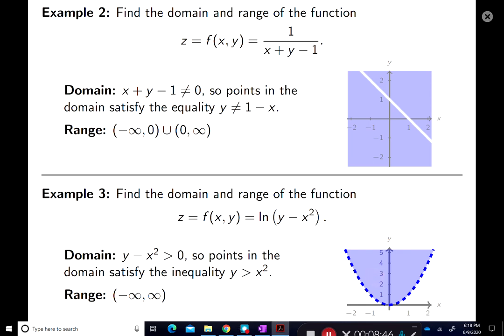So this is the domain and the range is negative infinity to infinity. If you notice here, the boundary is dashed. That means it's not part of the domain, because y equal to x squared is not going to be part of the domain.